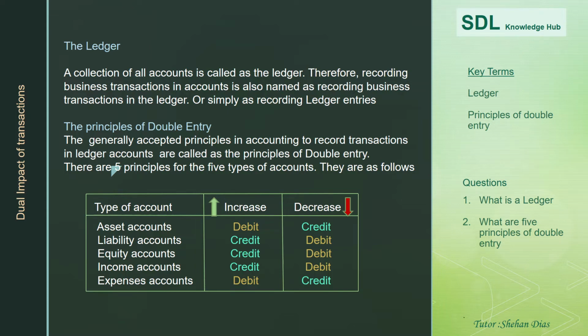Expense accounts, increase is debit, decrease is credit. So as you can see, both asset accounts and expense accounts have similar recording, whereas liability, equity, and income accounts have similar recording where increase is credit and decrease is debit.